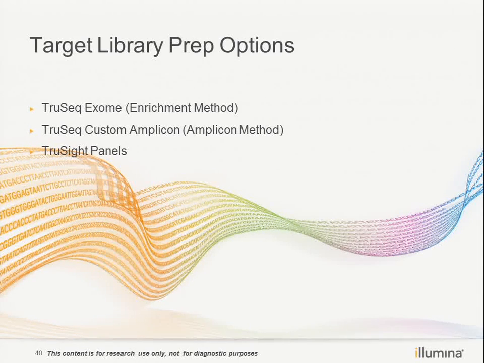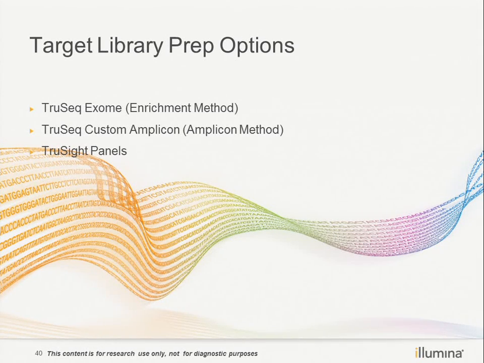So the first part is the target library preparation kit. Exon is one of these target library prep options. To capture the exons, we use some enrichment methods, like the RNA Access. We have some specific probes to target the exon region. And we also have some amplicon method.